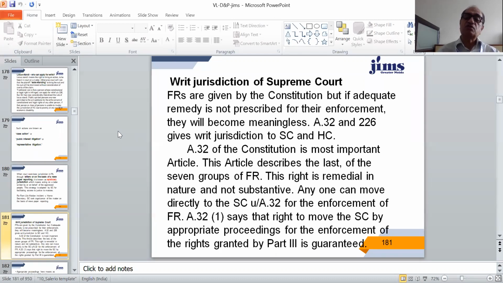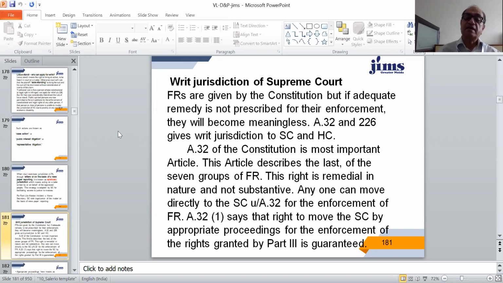Article 32 of the Constitution is the most important article. Why? This Article 32 describes the last of the 7 groups of fundamental rights, and this right is remedial in nature and not substantive in nature. Anyone can move directly to the Supreme Court under Article 32 for the enforcement of fundamental rights.